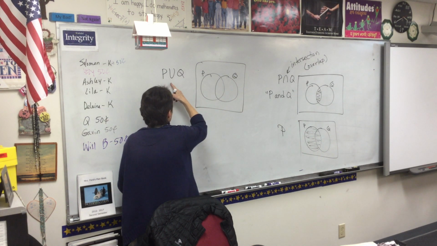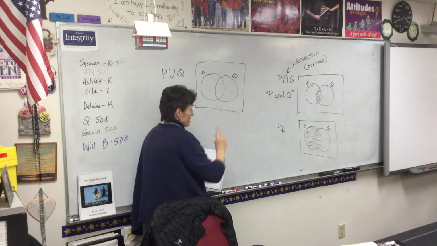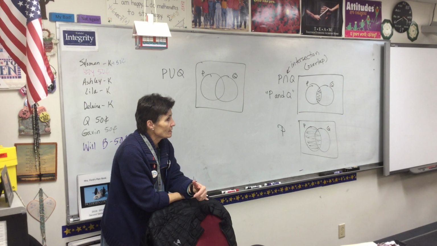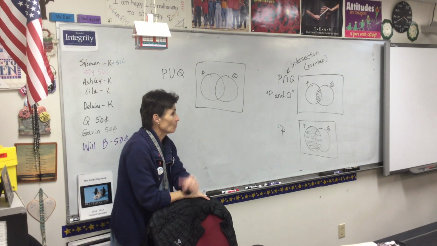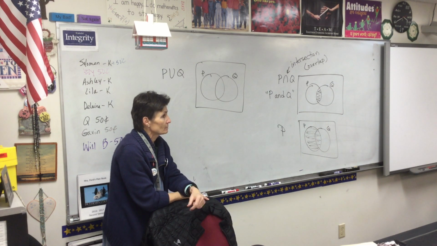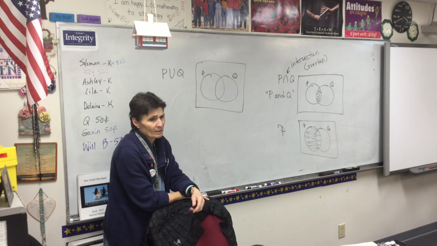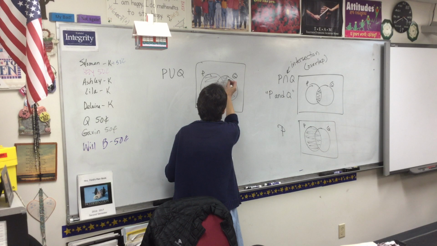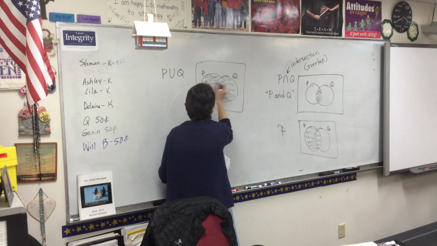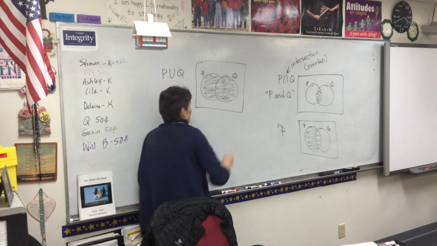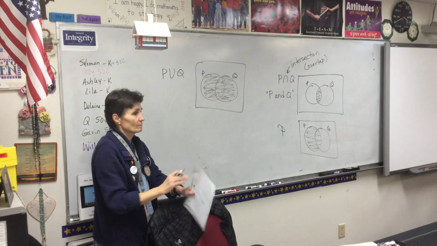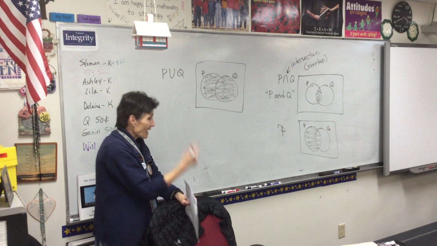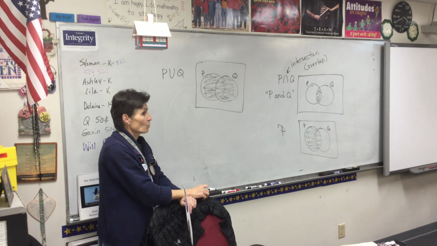So this means I want to shade everything that's in P or Q. So I'm going to shade everybody that likes pancakes and or waffles, either one. So what am I shading in? Everything in the circles. Yep, not the outside part, but everything in the circles. Those are all the people that like pancakes or waffles. Now, do some of them like both? Sure. But everybody up there likes pancakes or waffles.